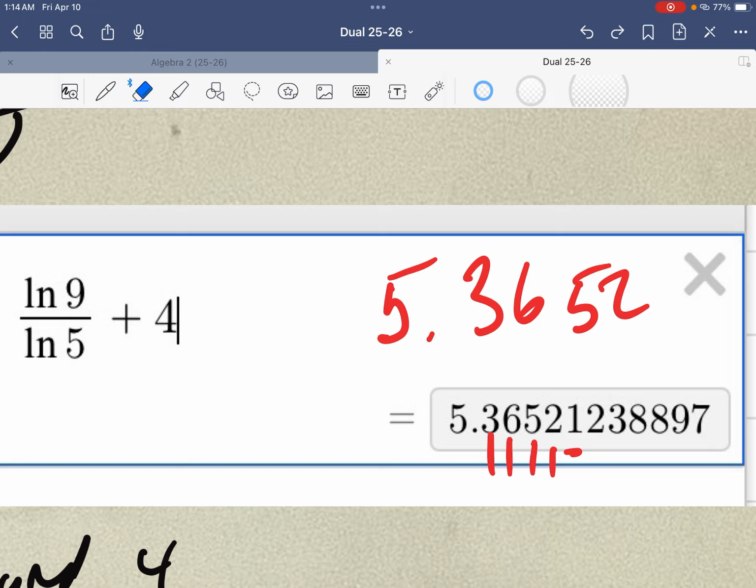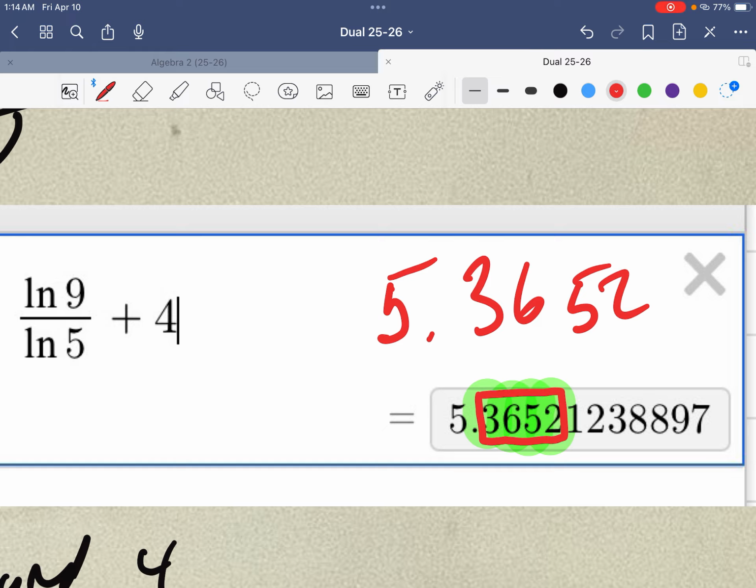That gave me on the calculator 5.36521 and so on, right? But you're on 4 decimal places. 1, 2, 3, 4. Okay, and then make sure you look at the other number right afterwards.